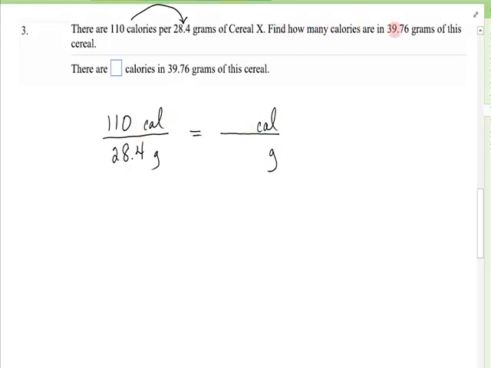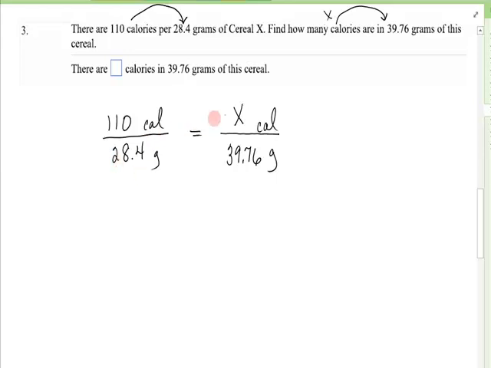Find how many calories, X, are in 39.76 grams. So when you set it up, you see this comparison and then you see this comparison. That's X calories. I've got my calculator handy.